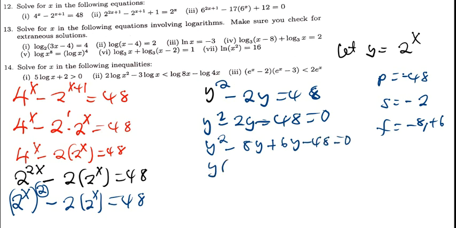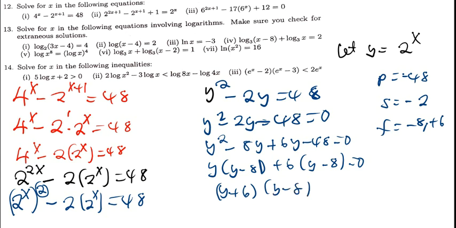Factor out y, it will be y minus 8. Here I'm going to factor out 6, so I'll have y minus 8. So I have y plus 6 and y minus 8 is equal to 0, meaning y is equal to negative 6 and y is equal to 8.